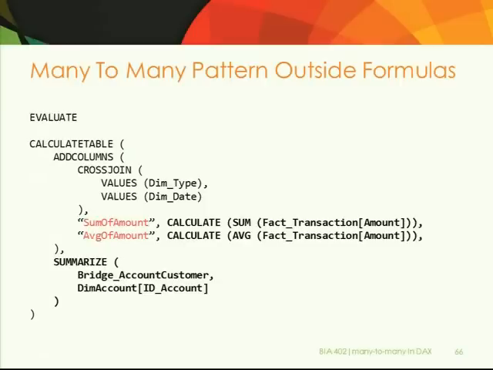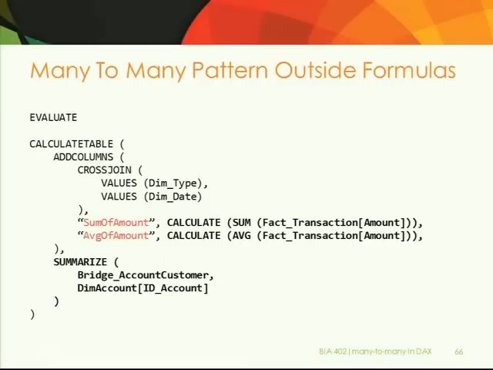This complex syntax, add column, cross join, means make a cross join between type and data. It creates a temporary table, and for each row in the cross join, it computes the two measures that are here. You see that here I have sum of amount, average of amount, but no many-to-many pattern appears inside this formula.